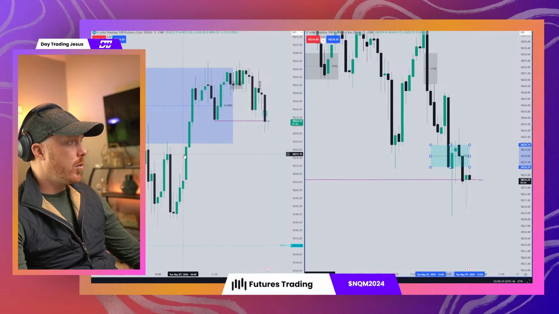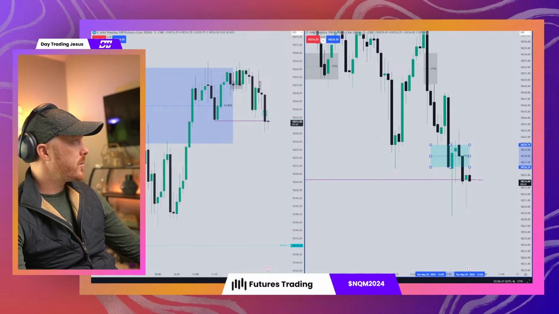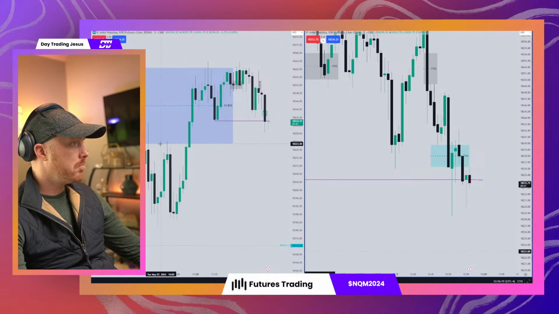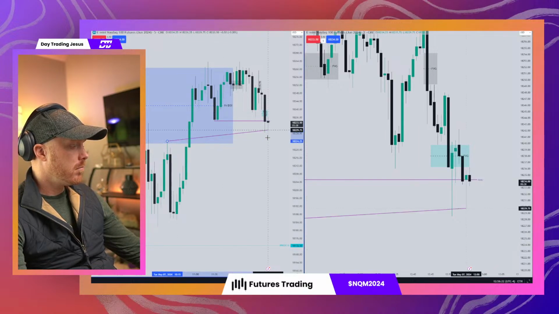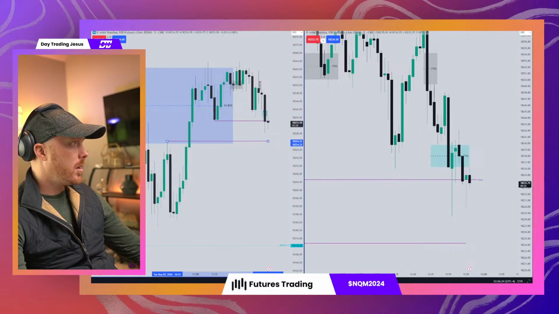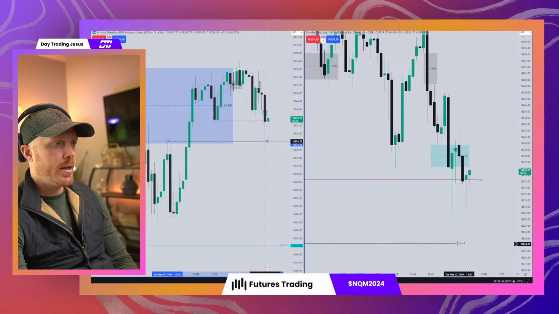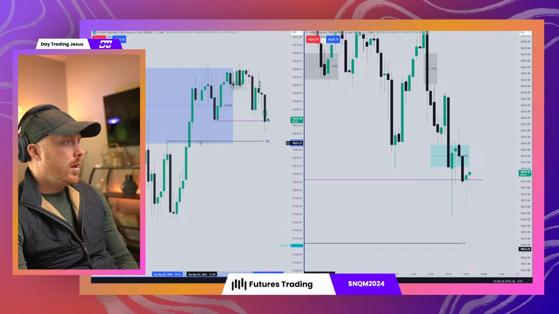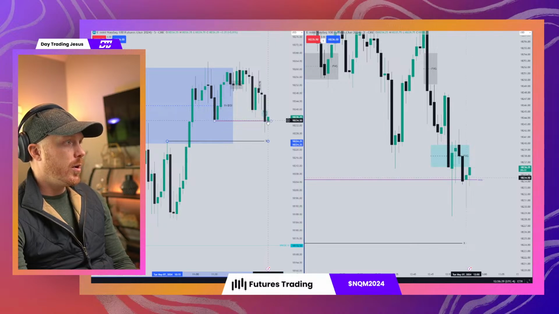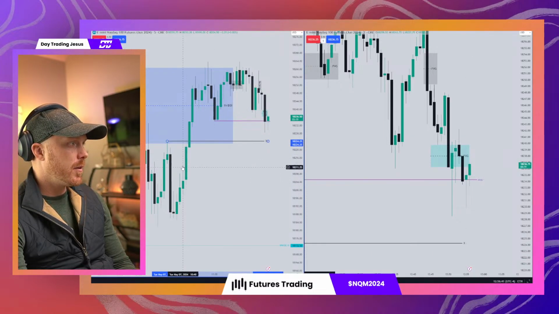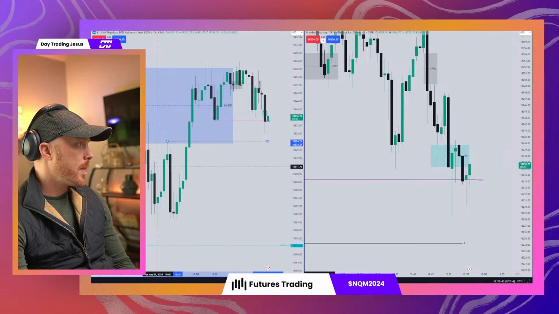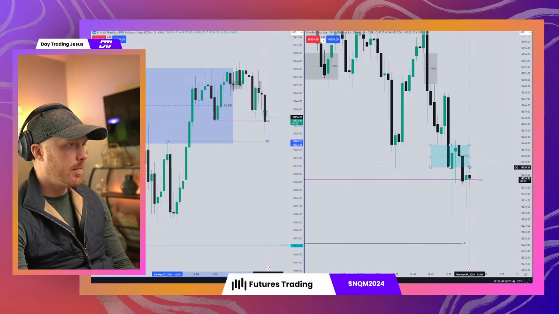I'd like it to break lower and then run into somewhere around here. I know we haven't gone down too low. We have some fair value gaps sitting below us, but it could give a reason for it to bounce back up into this fair value gap.